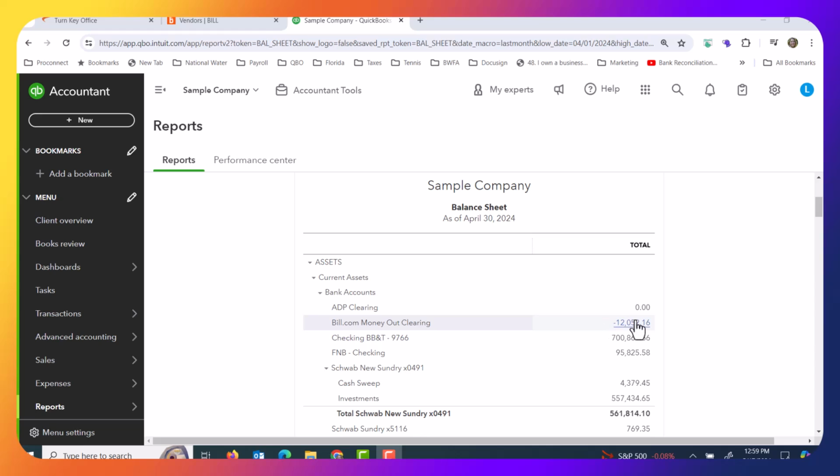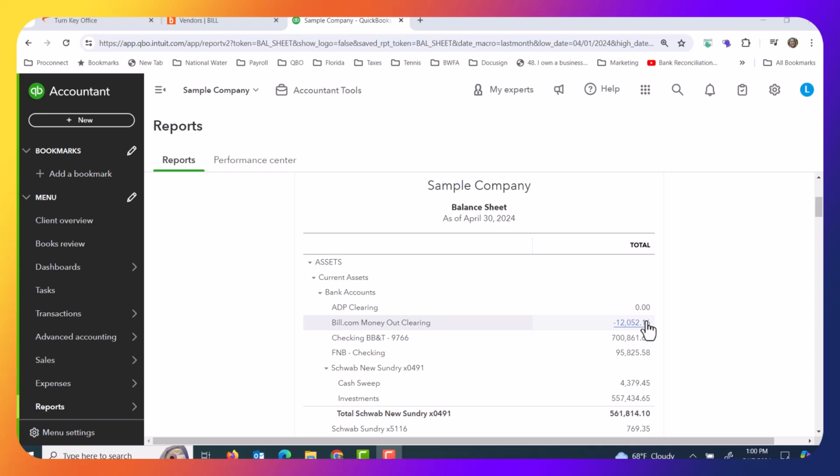Depending on the balance, if it's a positive balance, then more money has gone into it than has come out to be paid. If it's a negative balance, then more money has come out of it to pay bills than has gone in to be funded. Either one of them is basically not correct. That account should be returning to zero, barring some minor differences in timing.